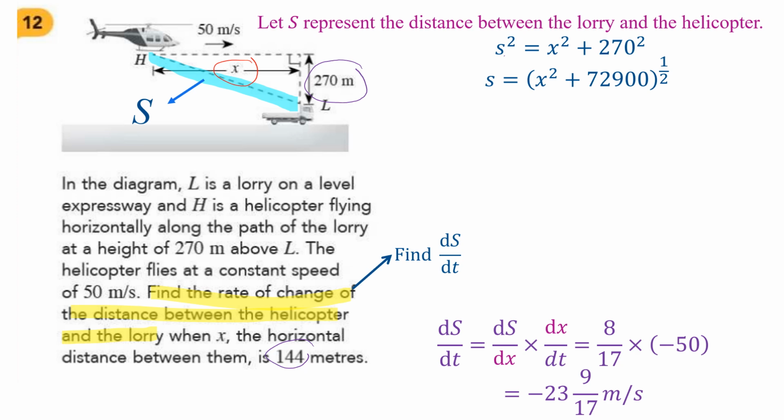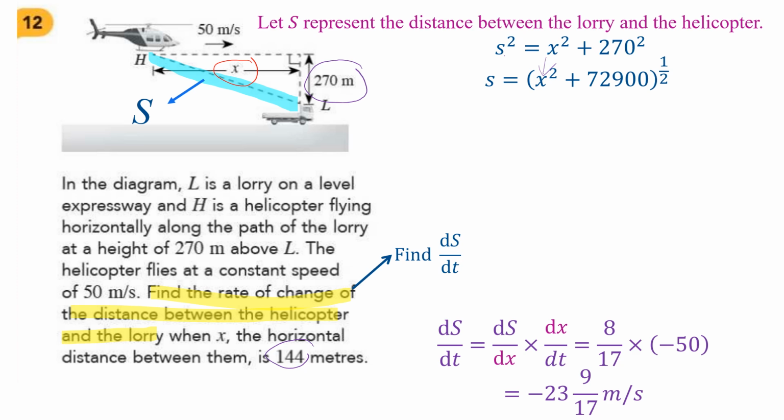In this case, because I'm substituting the value of X into the equation, I should be making S the subject instead. So I should be finding ds over dx and not dx over ds.